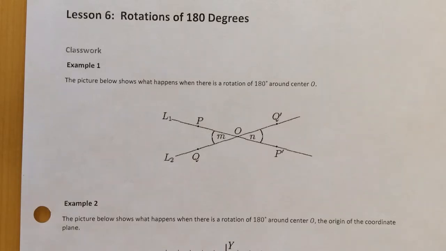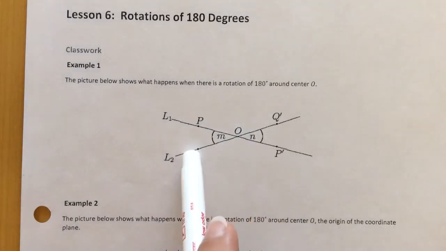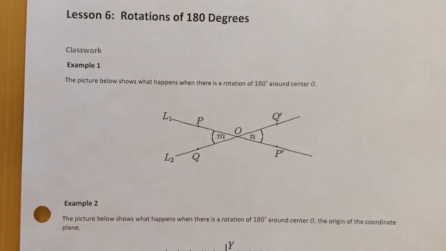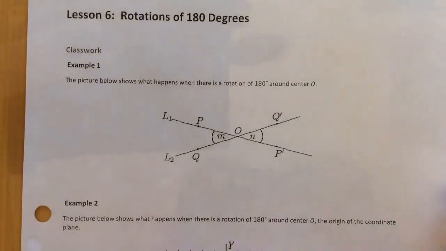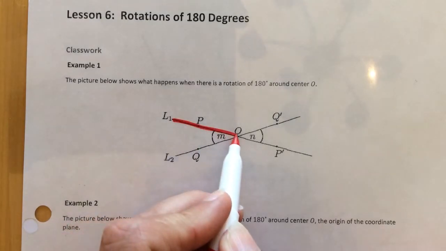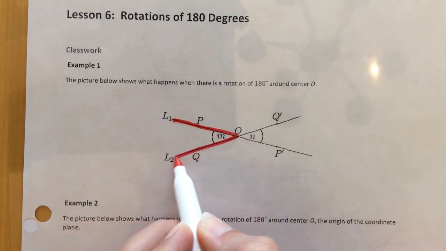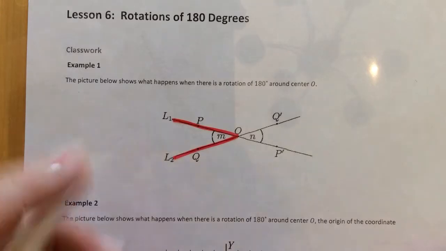And so what we have here is P, O, and Q, which are forming angle M, and Q prime, O, P, which are forming angle N. And due to the fact that these are on the same line and these are on the same line, we have an angle here that is being rotated 180 degrees.